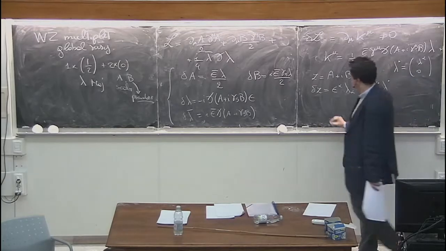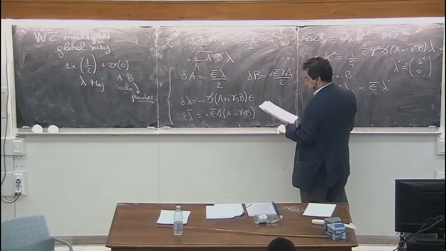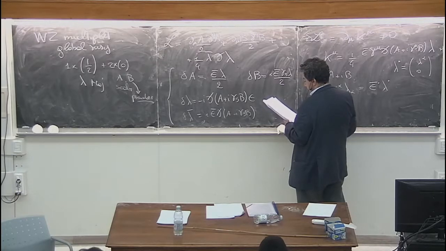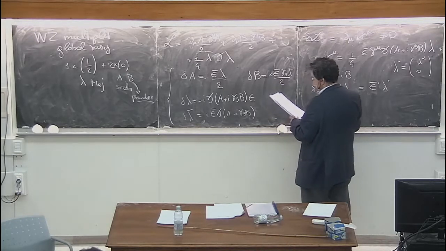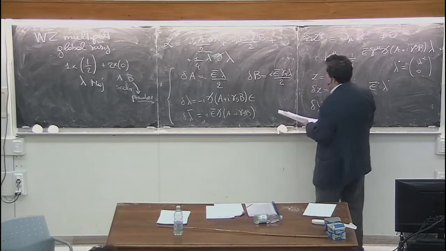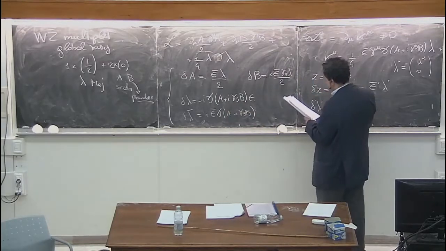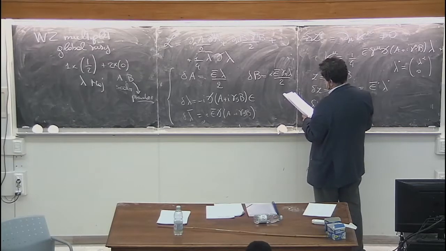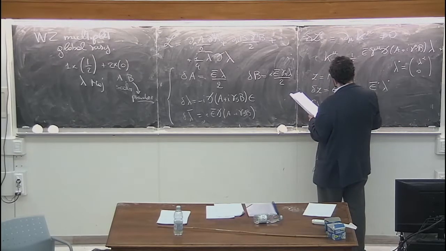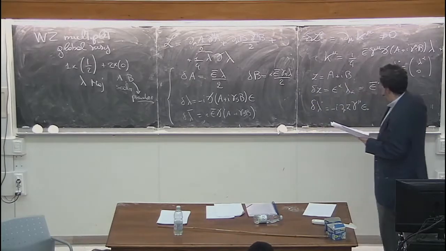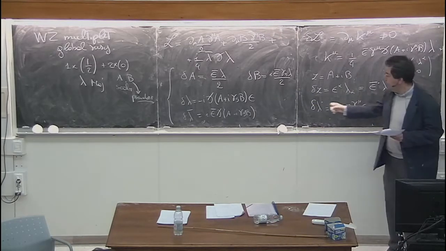Okay? Now, δlambda equals, then you simply rewrite this in terms of Z, and you easily verify that this is minus i ∂μZ γμ epsilon bullet. Here they have opposite chirality.